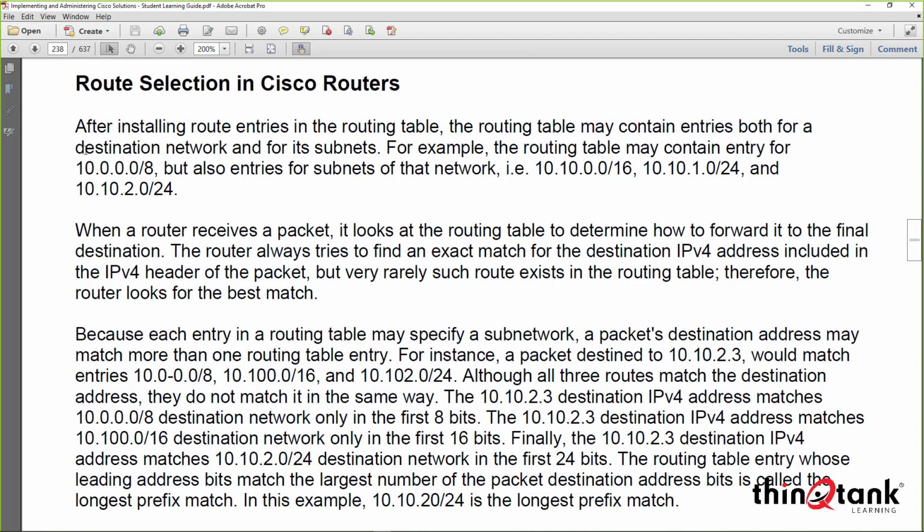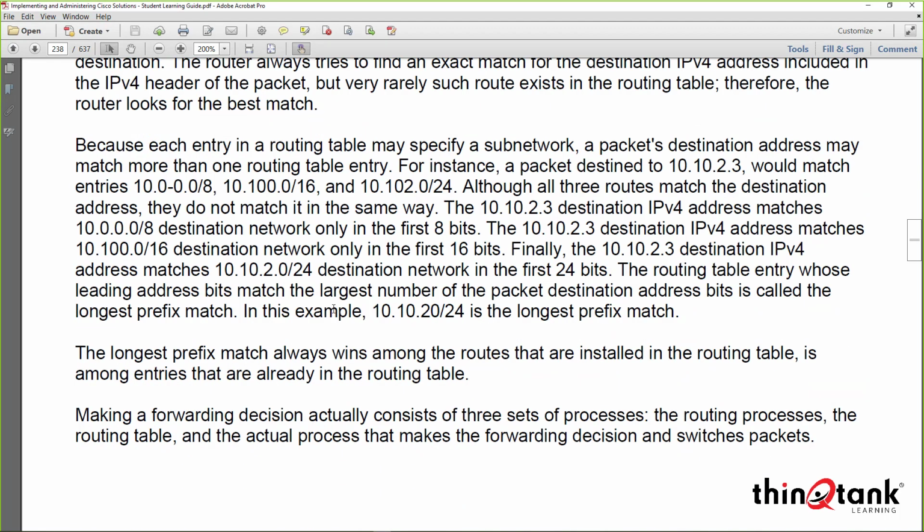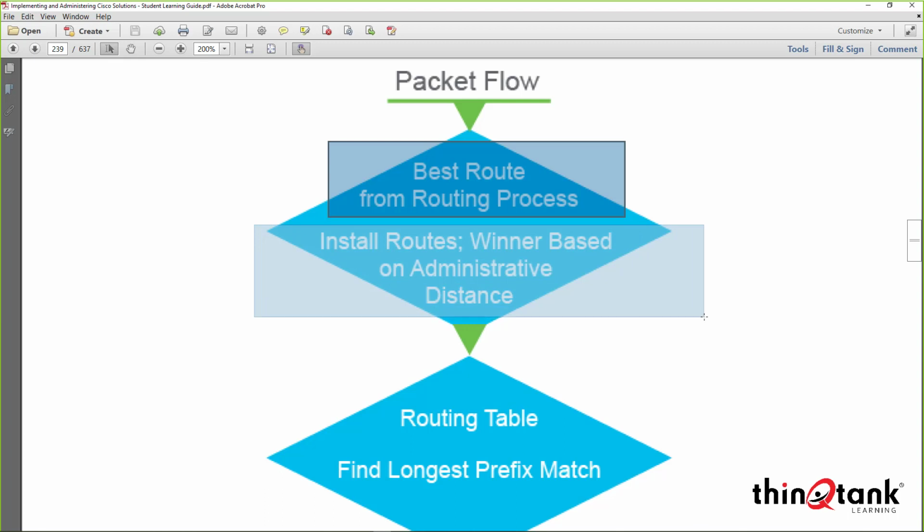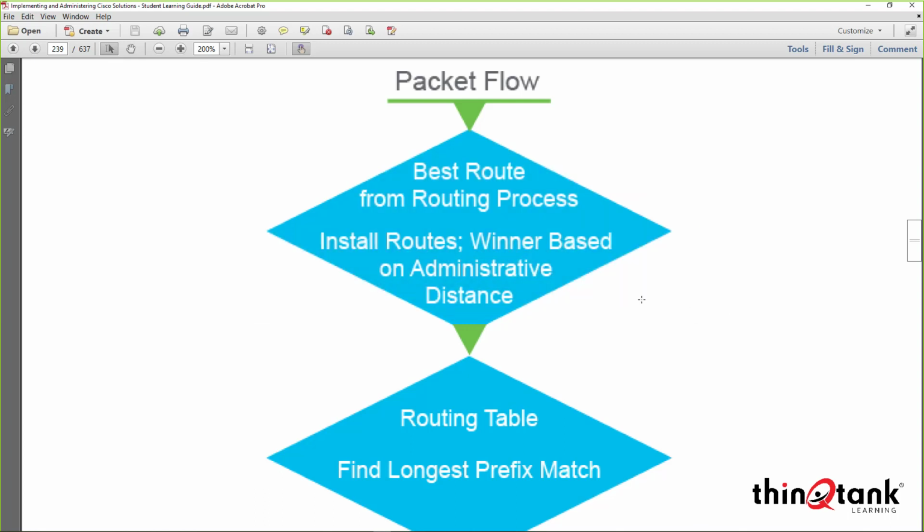All right, so this whole discussion right here is all about those tiebreakers that we've talked about. The decision tree that we make, packet flow. All right, the best route from the routing process. We install the route, and if we're learning about two different routes from different routing processes, the winner is going to be based on administrative distance.